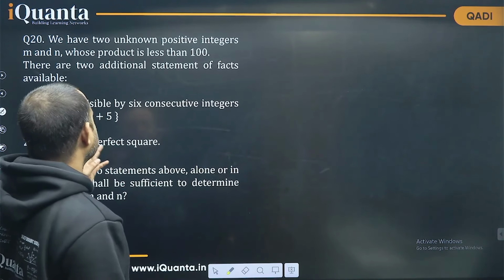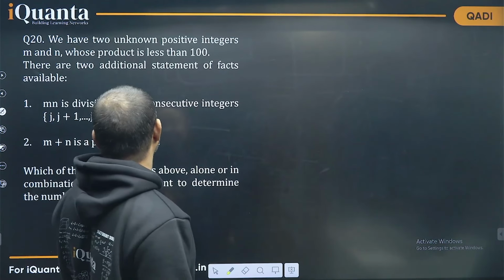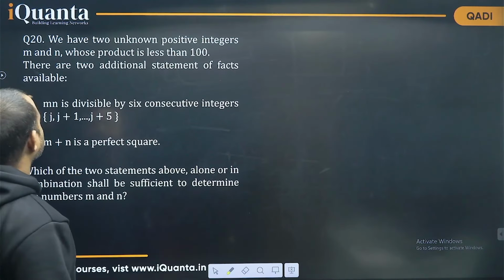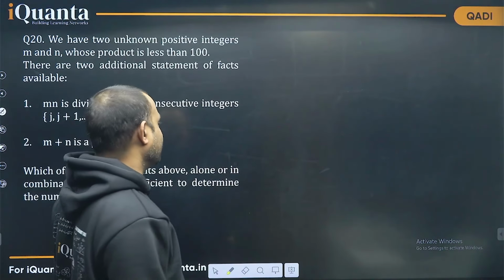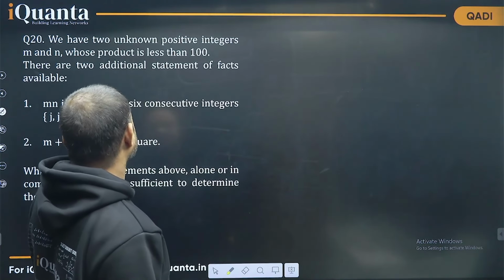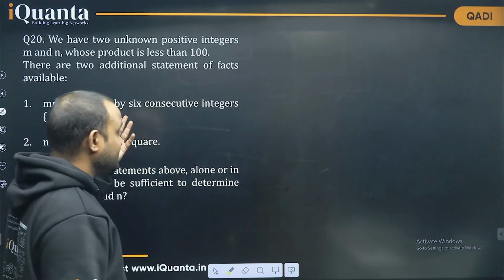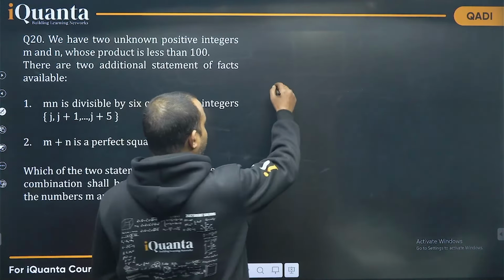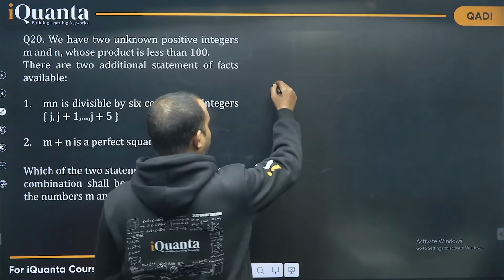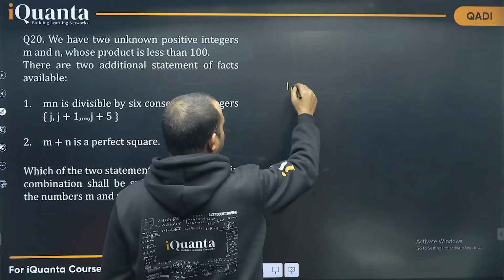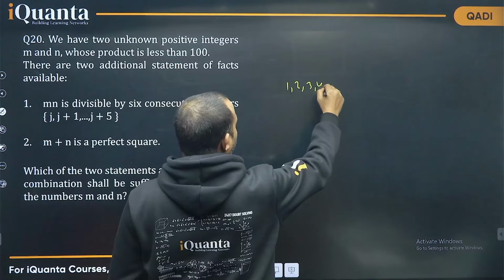M n is divisible by 6 consecutive integers. Nothing is given about j, but all of these values are integers. If I put j equal to 0, I can take 1, 2, 3, 4, 5, then it should be divisible by 1, 2, 3, 4 and 5.